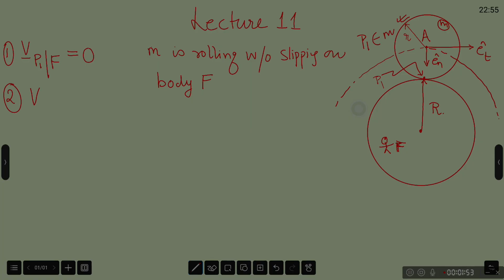In the last class, we also found that the velocity of point A with respect to F is omega small r et.